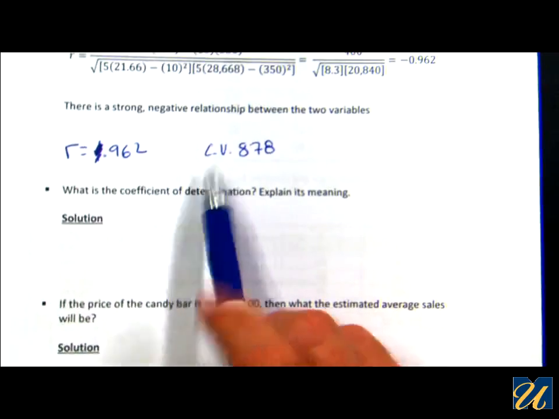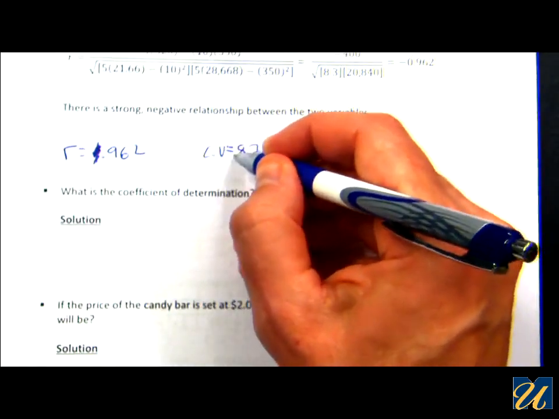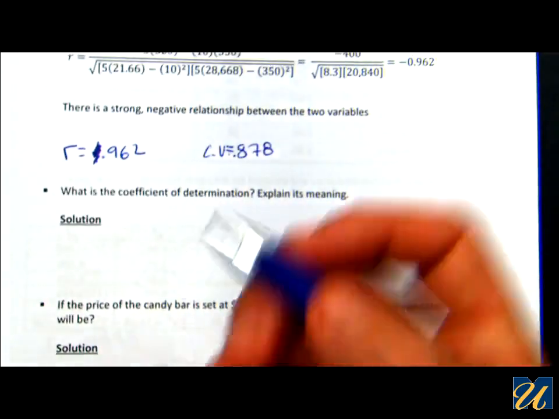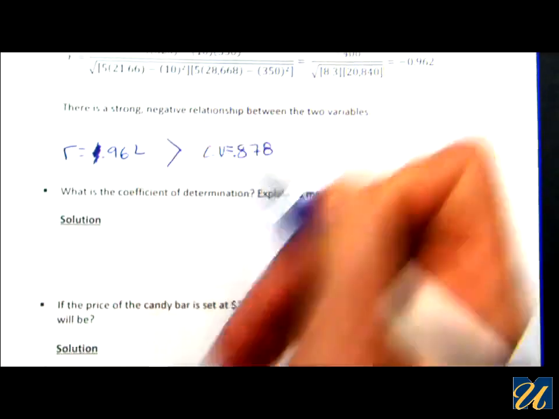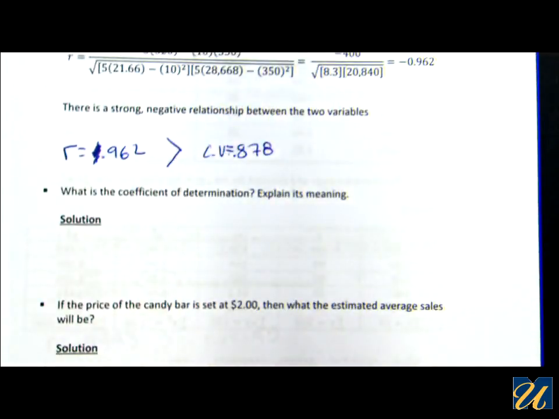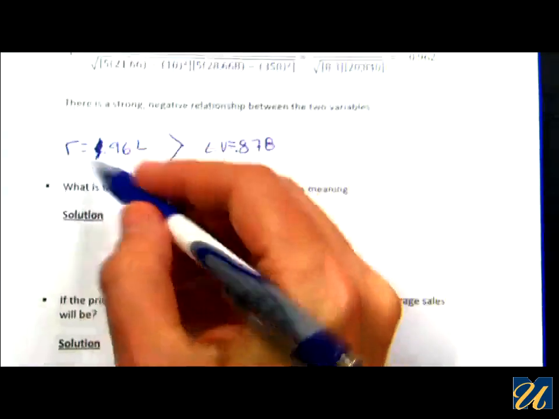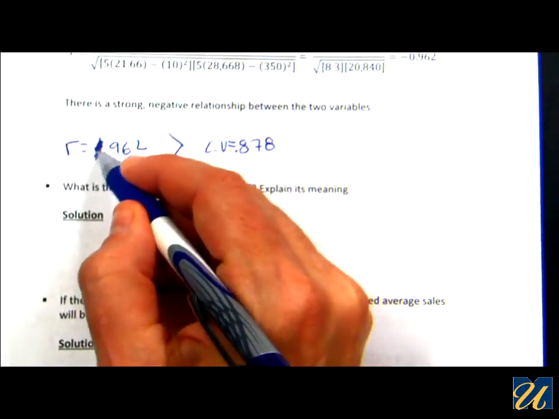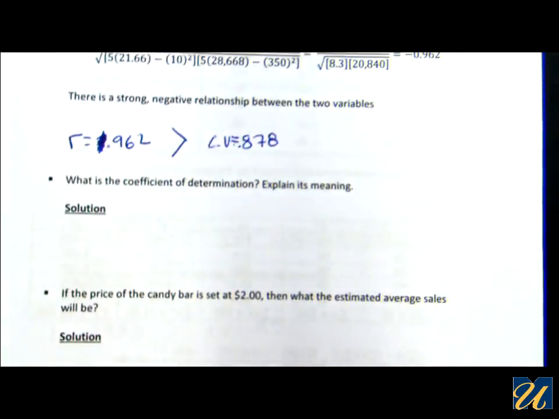The critical value is equal to 0.878. R is greater than the critical value, so there is a linear relationship between the two variables. Once again, when we check for a significant relationship between the two, we always take the absolute value. So even though r is negative in our case, we take the absolute value, which is 0.962, and compare it to the critical value.